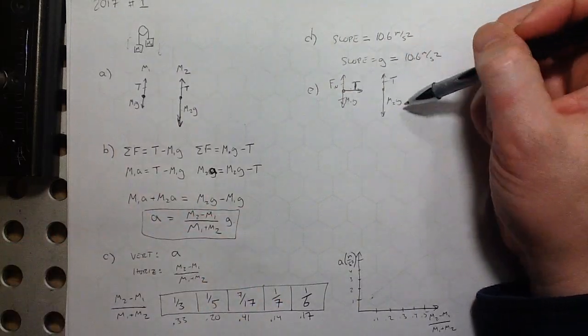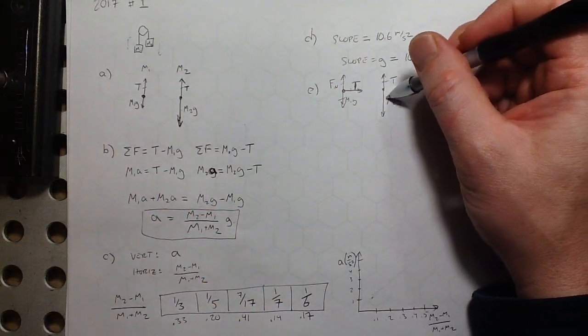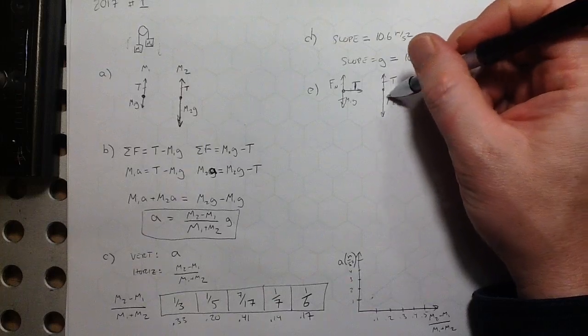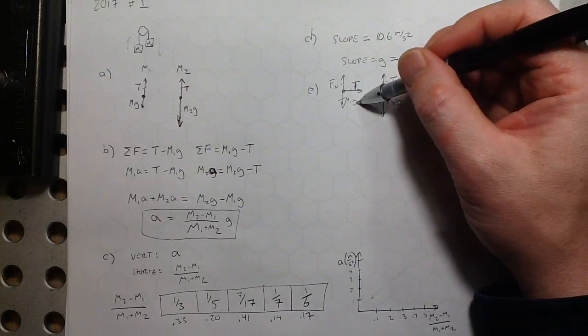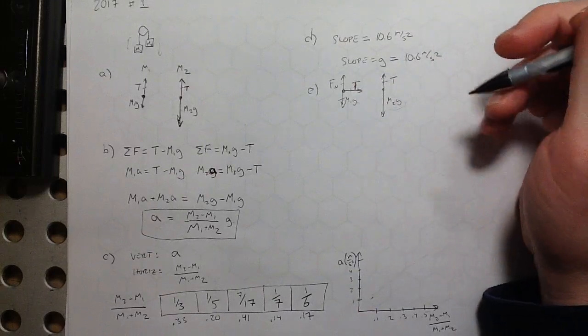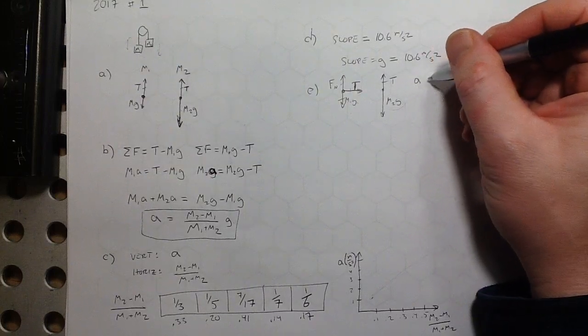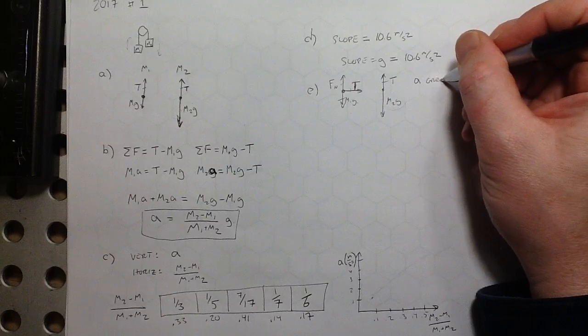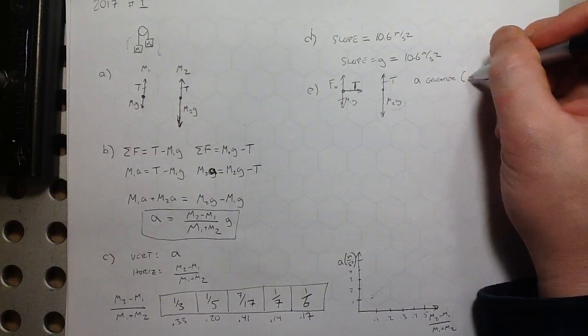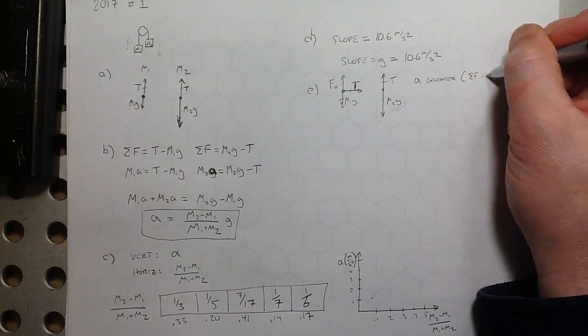So if the net force on the system is greater than it was before, because we don't have this, we're not fighting against this anymore, that means the acceleration is greater, since the net force is greater.